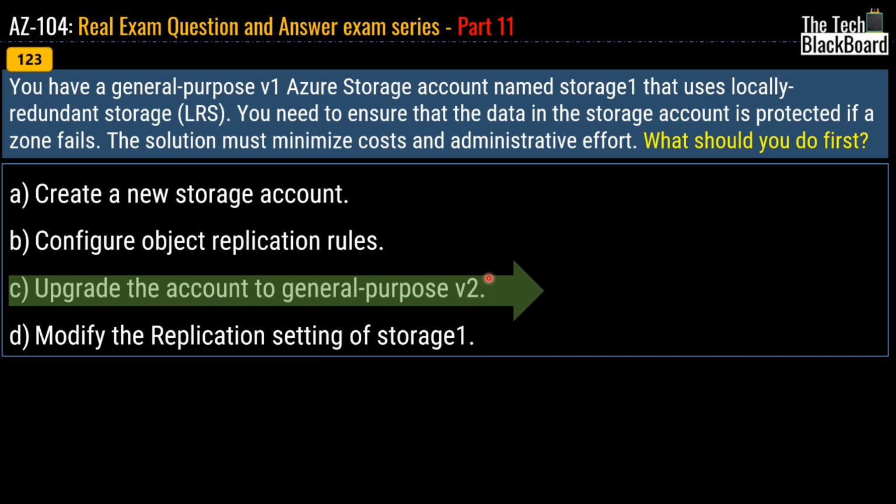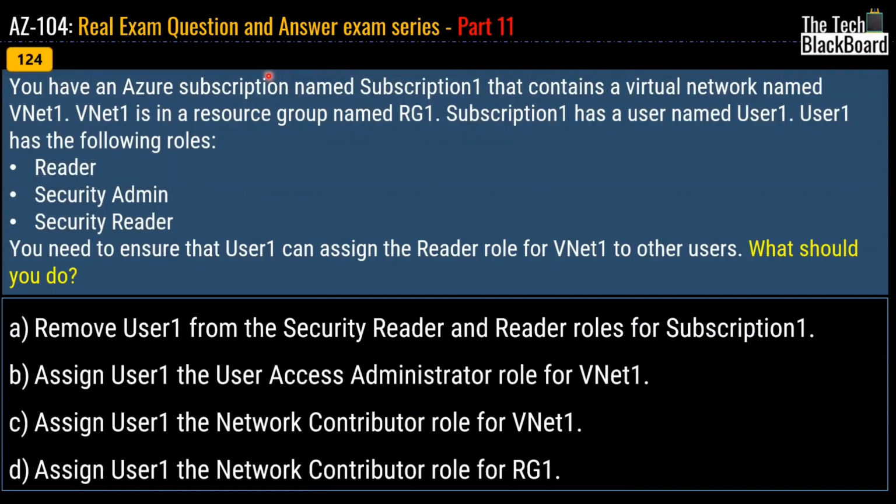Our question number 124 says that you have an Azure subscription named subscription1 that contains a virtual network named VNet1. Now VNet1 is in a resource group named RG1. Subscription1 has a user named user1 and user1 has the following roles. Now you need to ensure that user1 can assign the reader role for VNet1 to other users. What should you do?